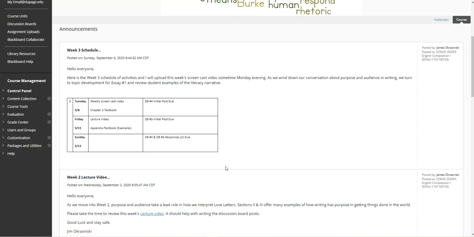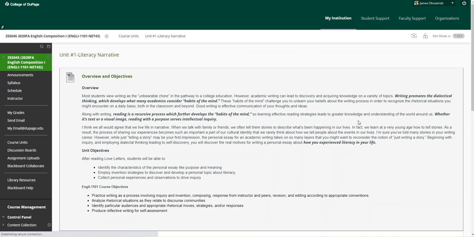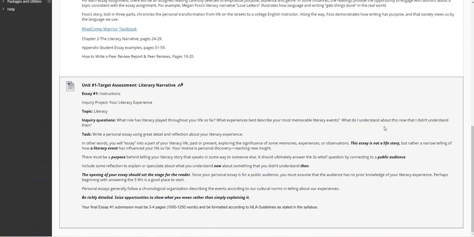Let me get to the course unit real quick, because I think everyone should take a look at the assignment that we have. You want to read through the essay assignment, your target assessment, about how to write a literacy narrative.